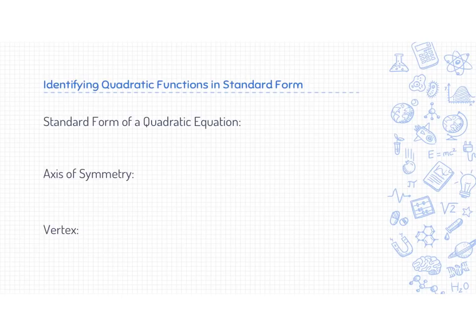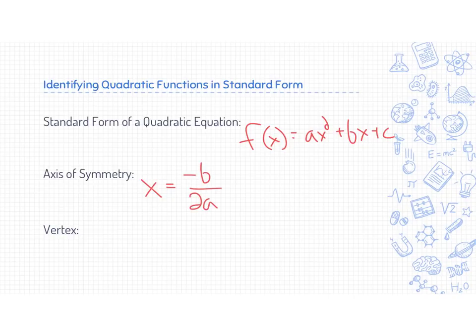So, identifying a quadratic function in standard form. The standard form of a quadratic function is f of x or y equals ax squared plus bx plus c. We've seen that before. We've called it standard form. We just haven't attached it to a graph. Then our axis of symmetry, when it's in this form, is found by x equals negative b over 2a.